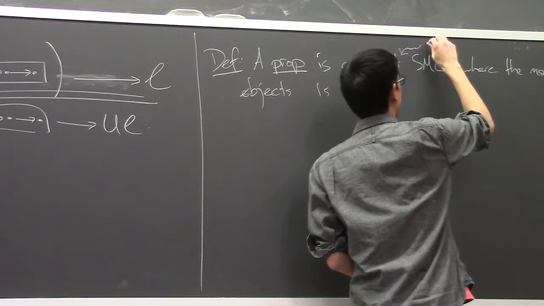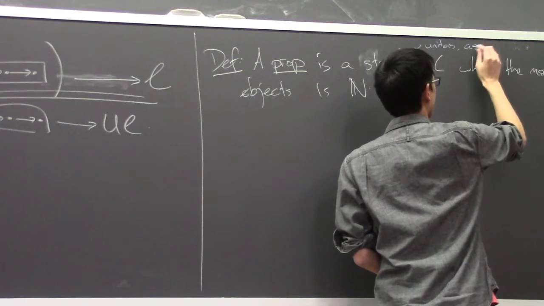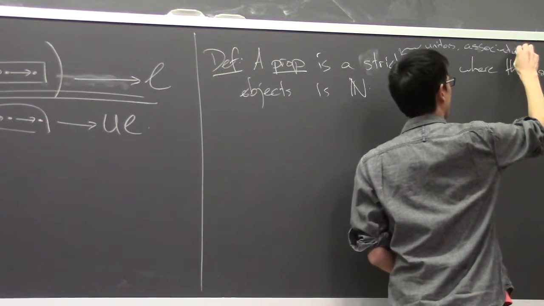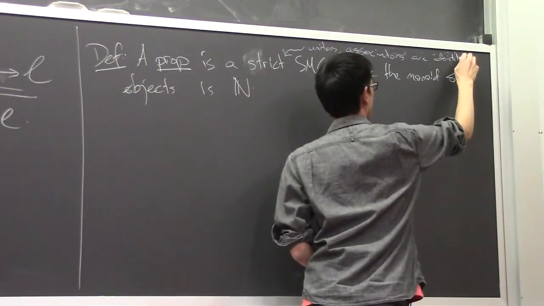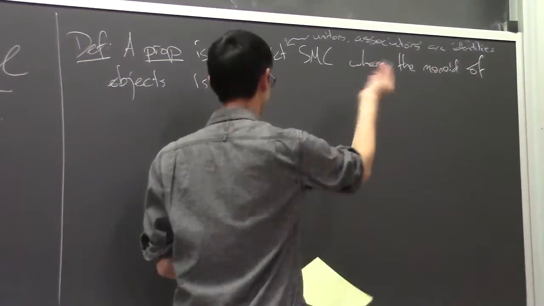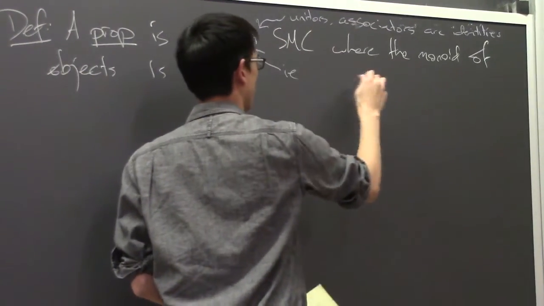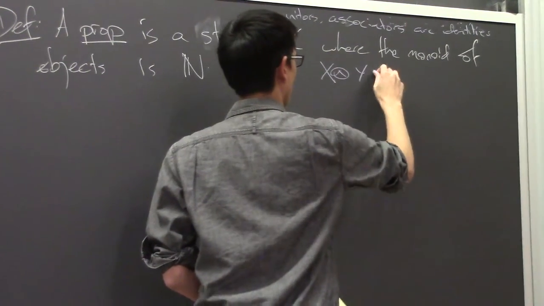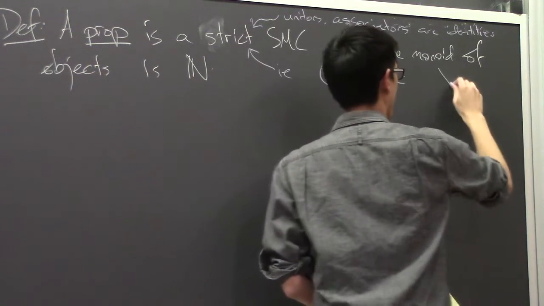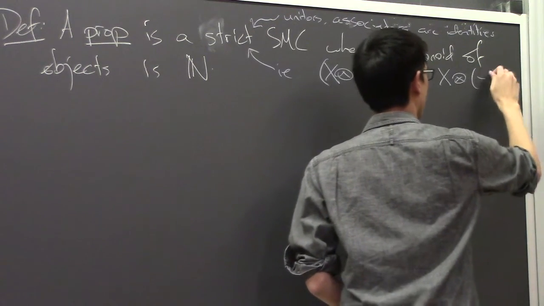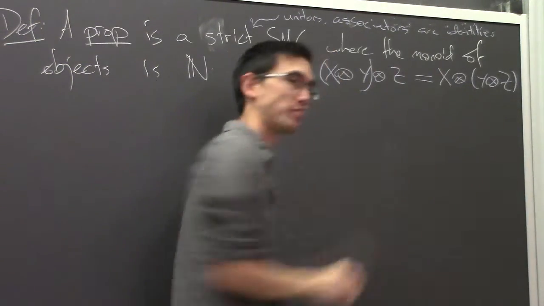So strict means that the unitors and the associators, sorry, they're small, are identities. So we can kind of forget about them. In other words, i.e., before we said that x tensor y tensor z should be isomorphic to x tensor y tensor z, but now we're saying they're equal.